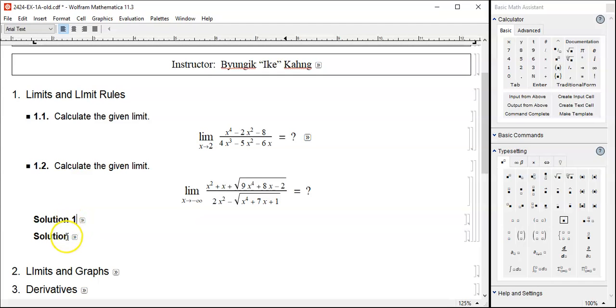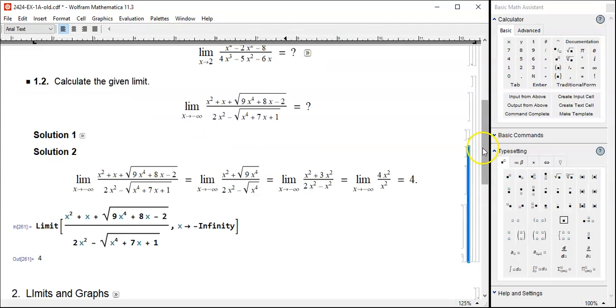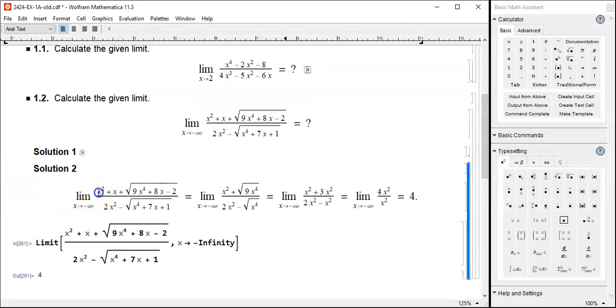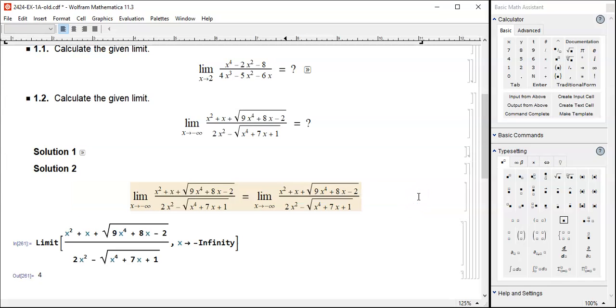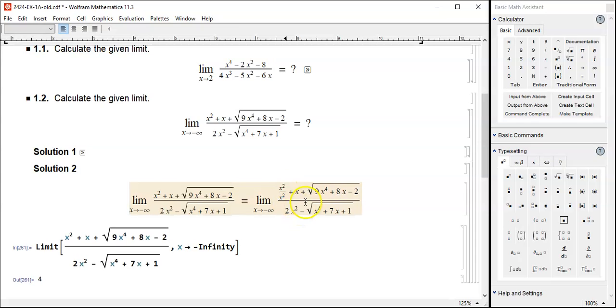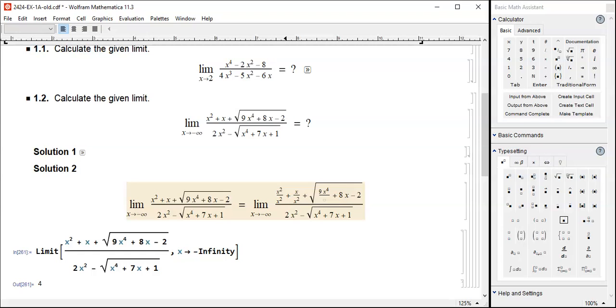Solution 1. And then I'd better show you the textbook solution as well. I forgot about that. Let's talk about it. Okay, here we can divide everything by the highest order term. I'm dividing by x squared inside the square root, so I'm dividing by x to the fourth power.